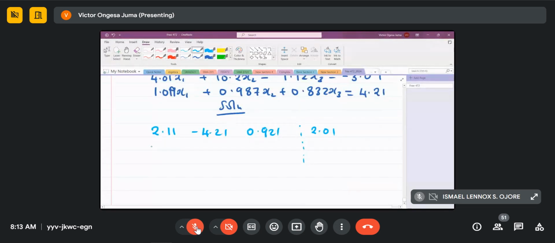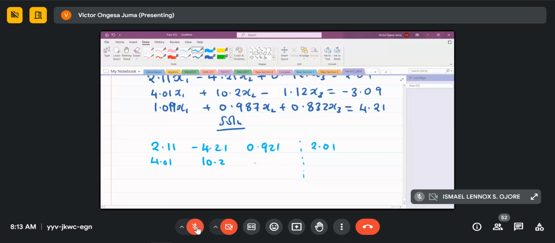The next row is 4.01, 10.2, minus 1.12, and minus 3.09. Lastly is 1.09, 0, 0.832, and 4.21.